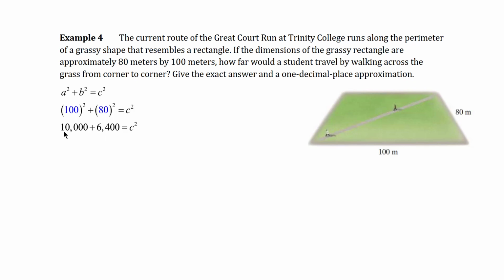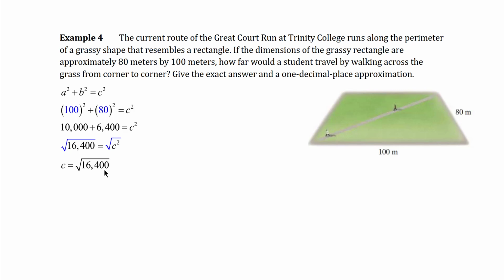Next, we add 10,000 and 6,400, we get 16,400. So we have 16,400 equals c squared. Next, we could solve for c by taking the square root of both sides of the equation. So we have the square root of 16,400 equals the square root of c squared. The result is c equals the square root of 16,400.